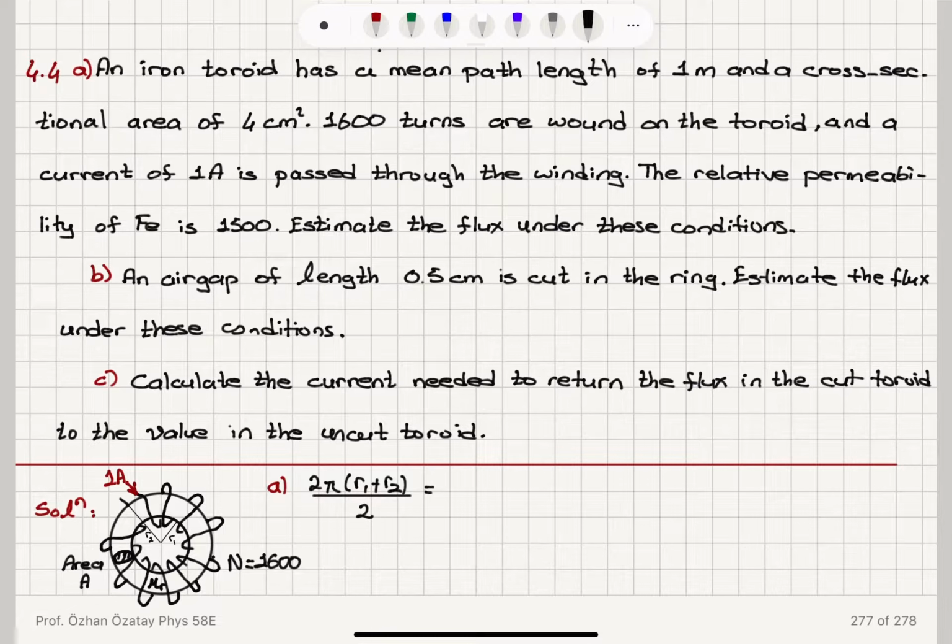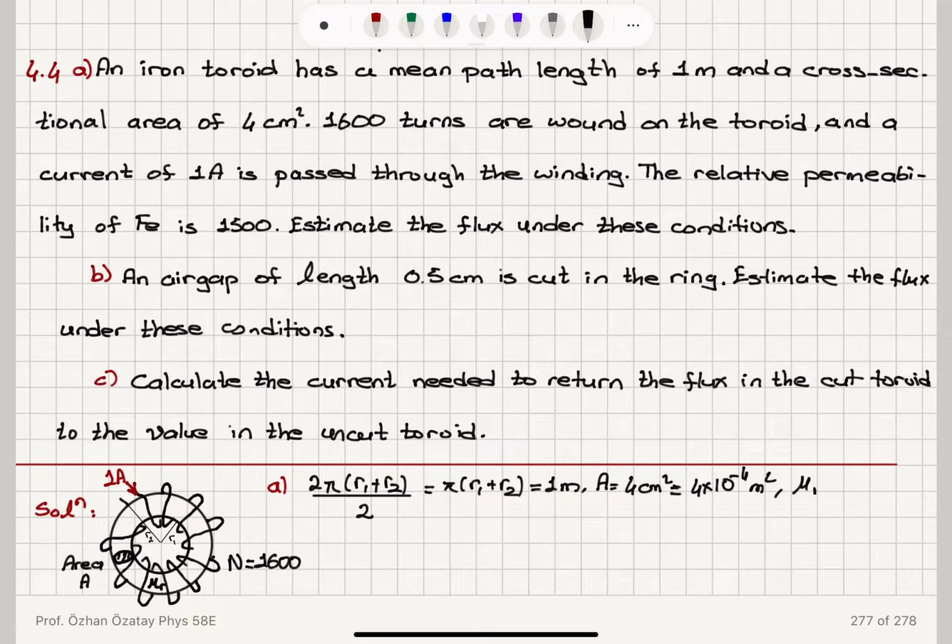This is pi times (r1 plus r2), inner and outer radii, and that is given as 1 meter. The cross-sectional area A was given as 4 centimeters squared. If we're going to do an SI calculation, we should convert this to meters squared. This will be 4 times 10 to the minus 4 meters squared.